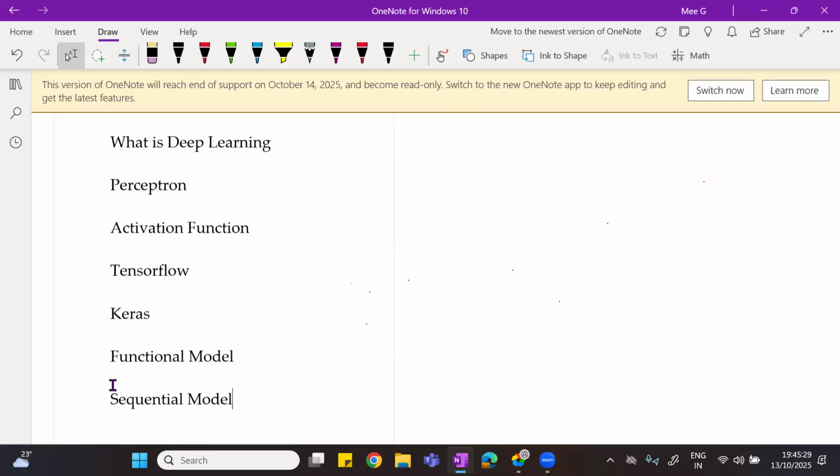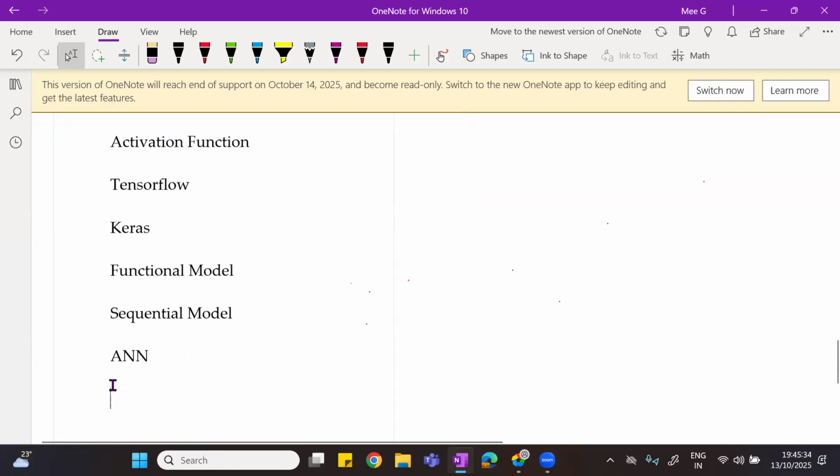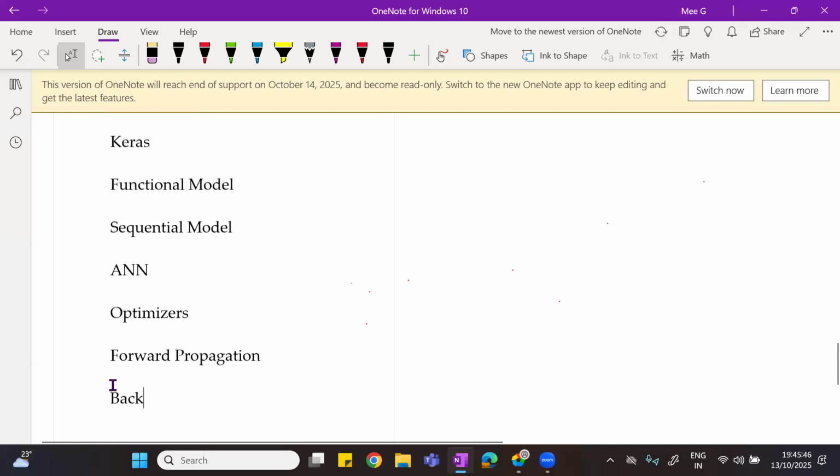Then we will go with the ANN, artificial neural network, optimizers, and forward propagation. And there is backward propagation, or back propagation, as they call it.